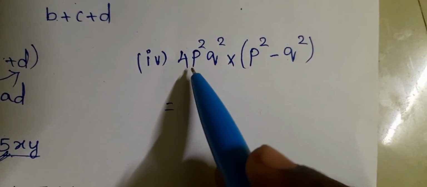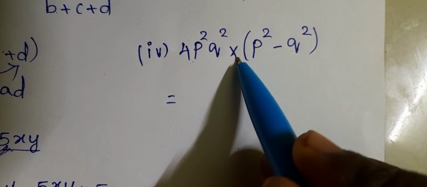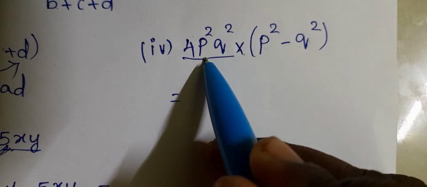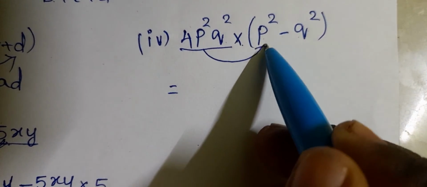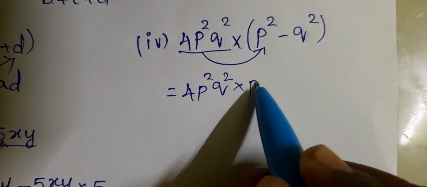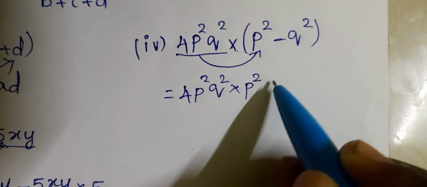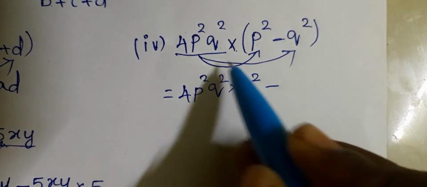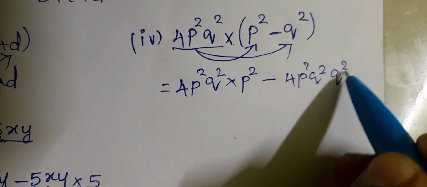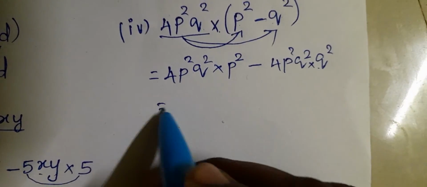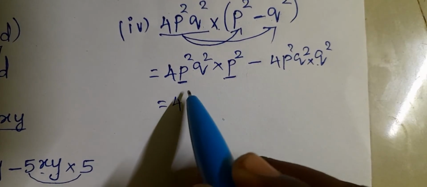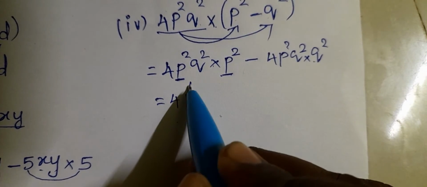Question number 4. 4p square q square multiplied by p square minus q square. First let us multiply the monomial and the first term of the binomial. 4p square q square multiplied by p square, minus again 4p square q square multiplied by q square. 4 p square into p square: p square into p square is p power 4.